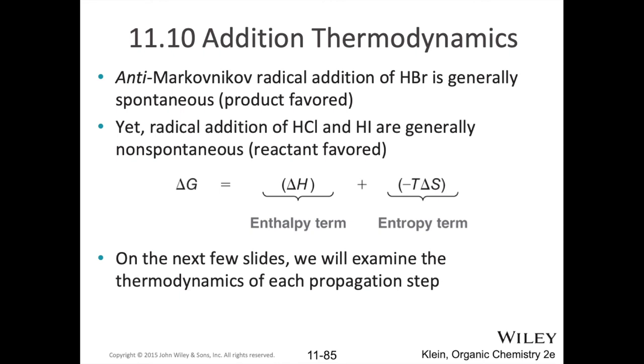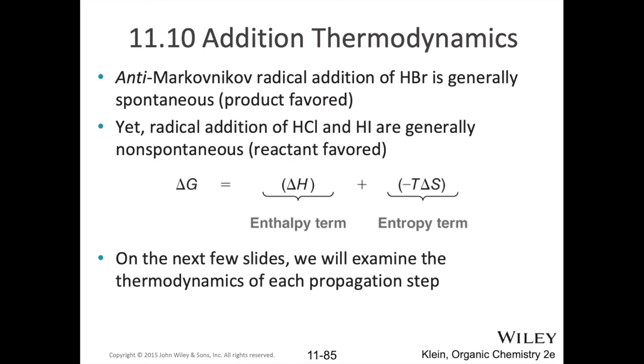That's a spontaneous process. What about using HCl or HI? Well, it turns out those are not spontaneous. They don't yield the product, they just tend to favor the reactant side. In other words, the reaction doesn't happen. So why is that? Why do we only do this with HBr, and why doesn't it work for HCl and HI?